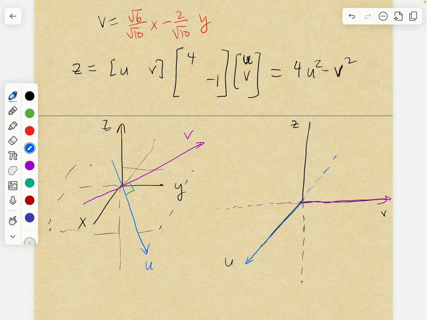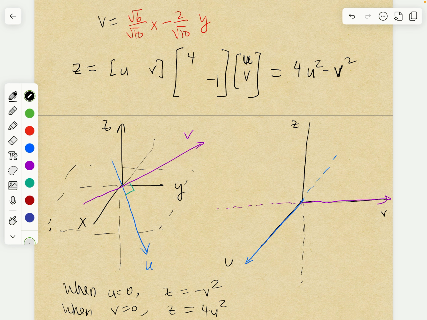And it's 4u squared minus v squared. So when u is 0, you get z is negative v squared, and when v is 0, you get z equals 4u squared.